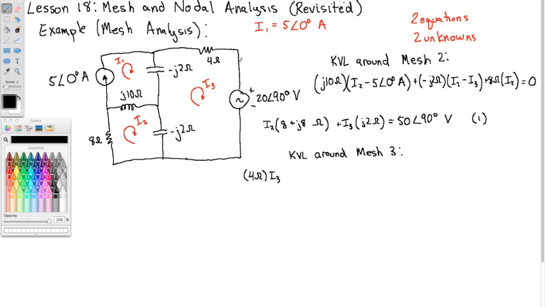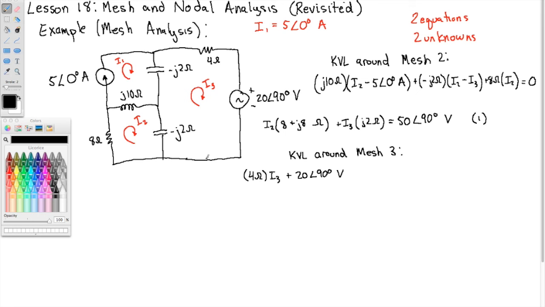Now notice the polarity of the voltage source, I've got a drop of 20 angle 90 degrees. And this is already volts, so I just add to it 20 angle 90 degrees volts. By the way, this term, the first term we wrote down, is also volts. We've got ohms times amps, that's volts.